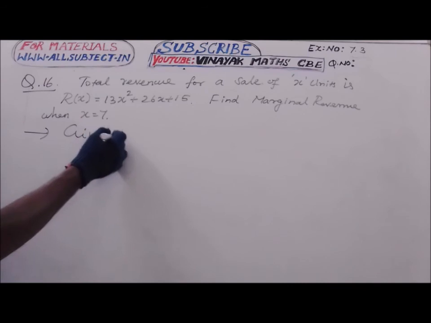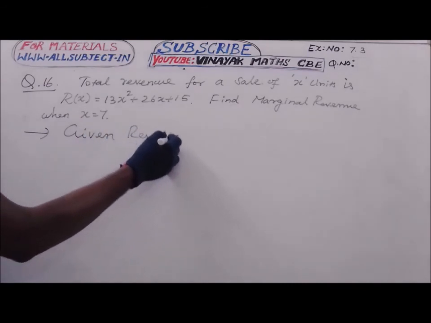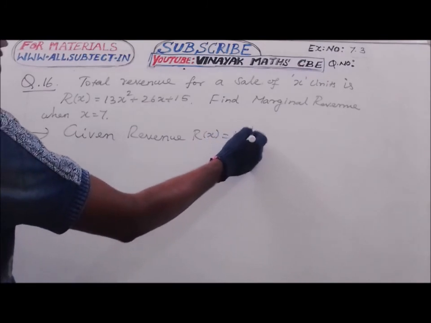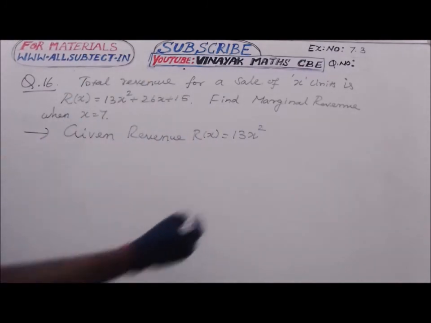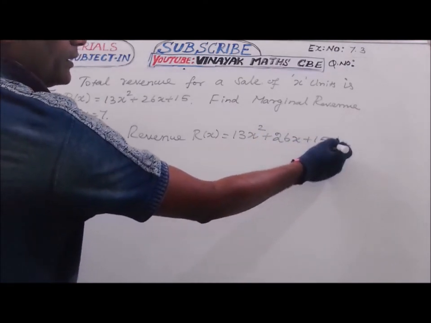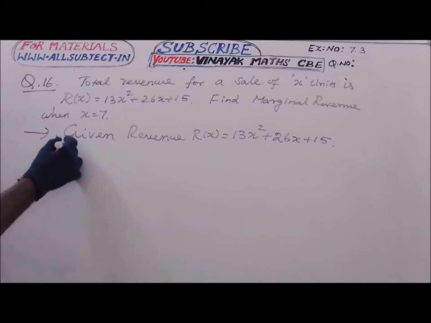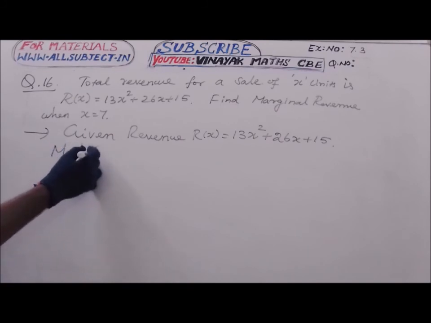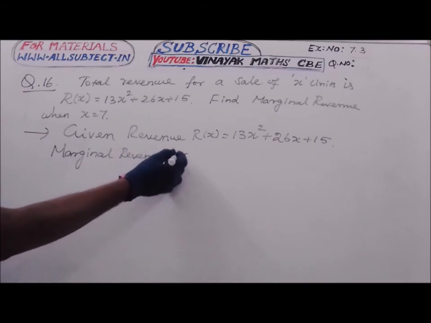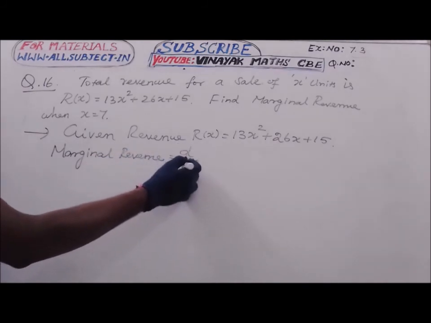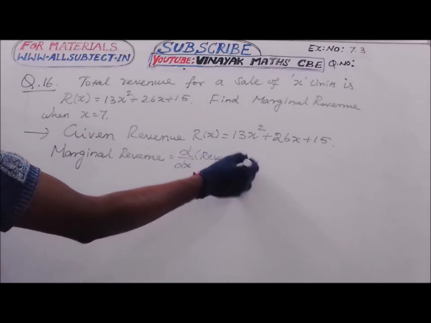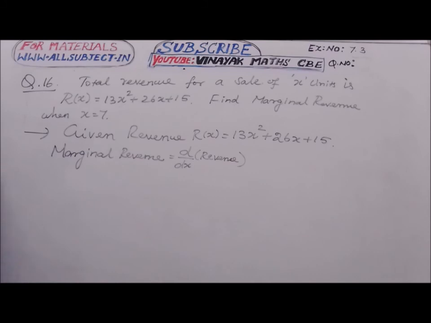Given revenue R of x is equal to 13x square plus 26x plus 15. Then marginal revenue is equal to d by dx of revenue.